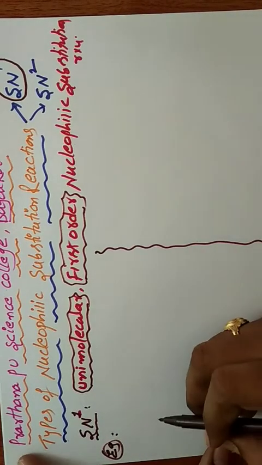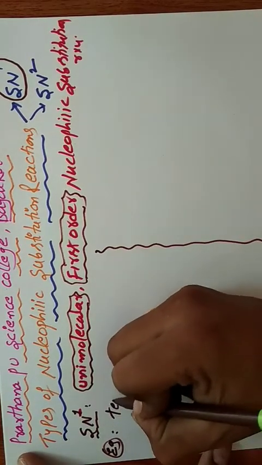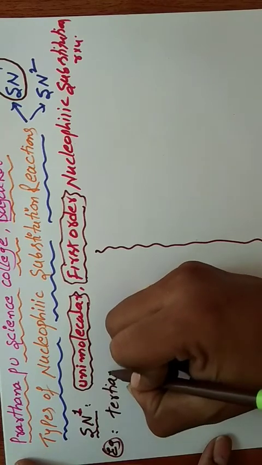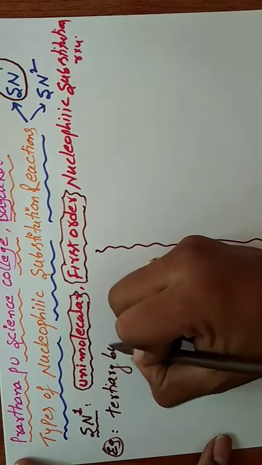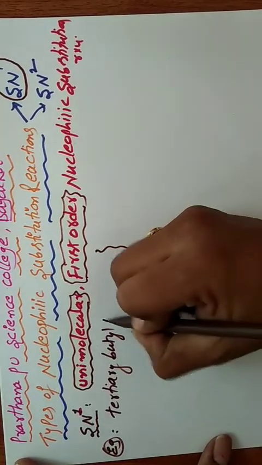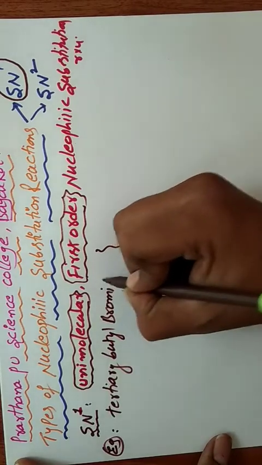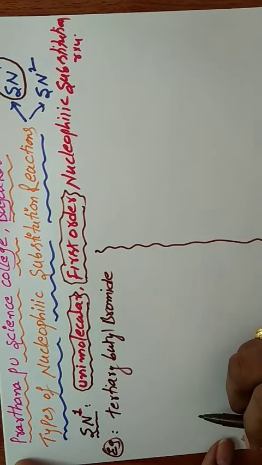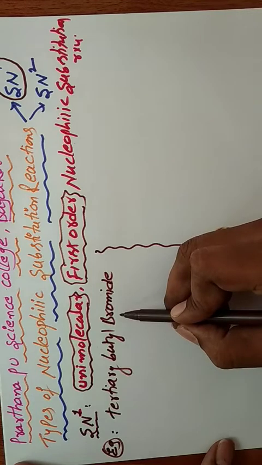Tertiary butyl bromide. This is one type of alkyl halide.